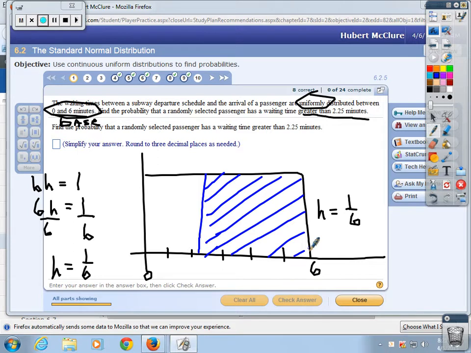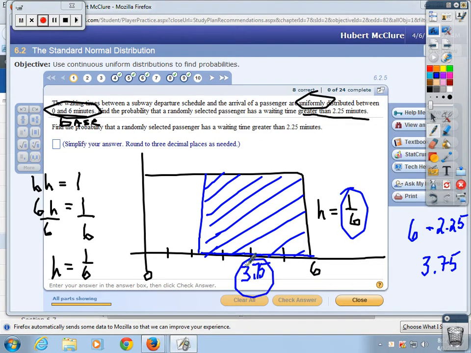So all you do is take your base, which is 6 minus 2.25, and that gives you what? So take 3.75 and multiply by 1/6. So go ahead and take your calculator and do that. 1/6 is 0.166666, or just put in 1/6.